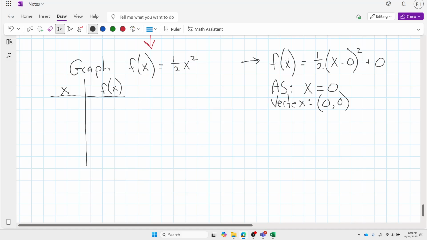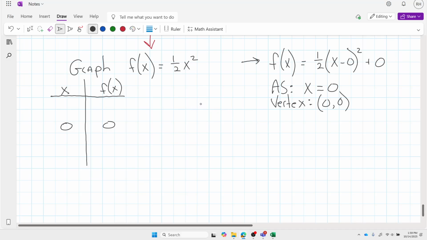The vertex is always going to be your middle coordinate. So right here, we're just going to go 0, 0. We know that when we input a 0, we're going to get a 0 out because that's the vertex. Then you want to pick 2 inputs to the right of the x at the vertex, and 2 inputs to the left of the x at the vertex.